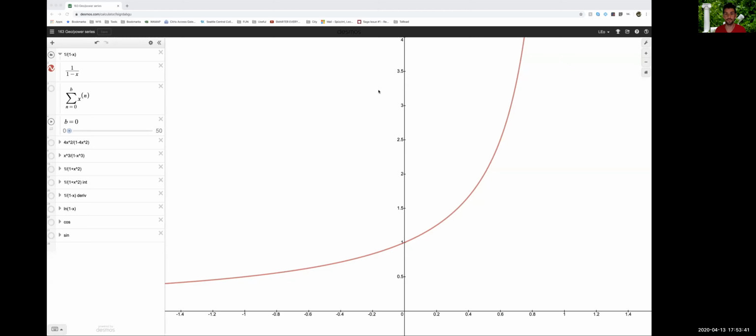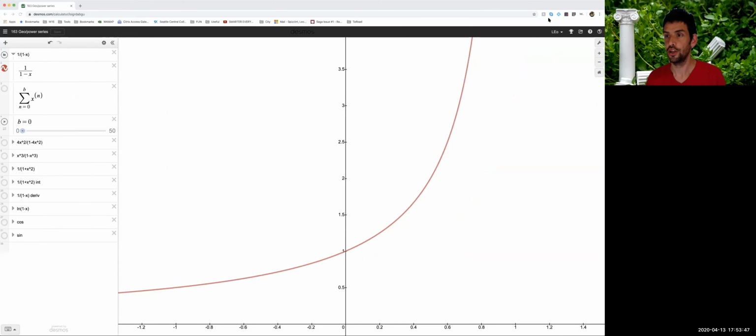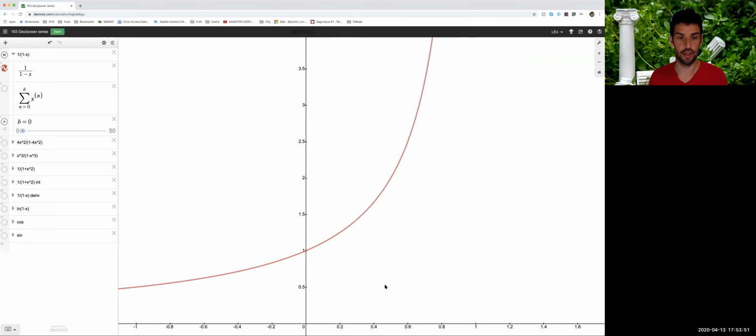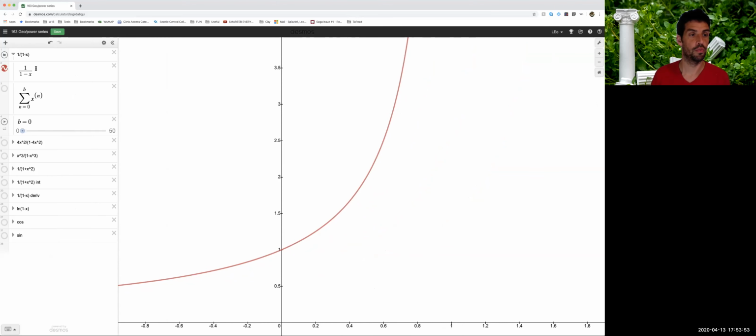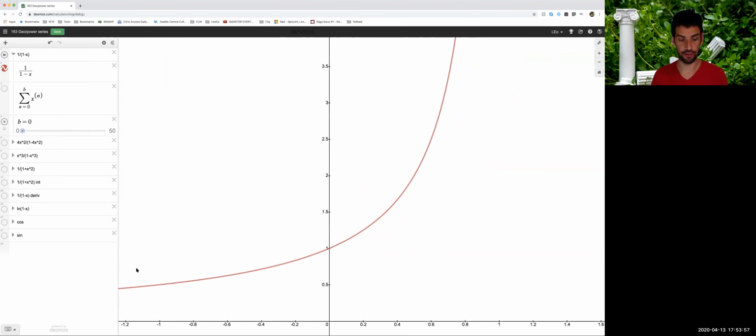Let me do a little more to convince you of that, I hope. So let's just take a look at, I think we're sharing this now. So what I'm looking at here is a graph of the function 1 over 1 minus x. Okay, and notice our domain, here's -1 down here and 1 over here.